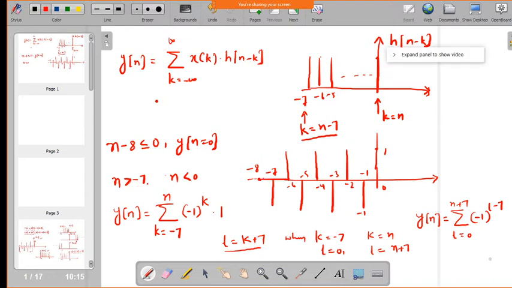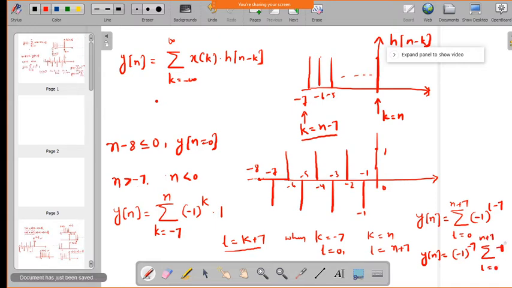Now you evaluate this expression to get the result for this index, y of n. We take this minus 7 outside, that is minus 1 power minus 7, times the summation L equal to 0 to n plus 7 of minus 1 power L. Now this is in the expressible form, when alpha is not equal to 1, or when it is equal to 1, we know the expression.